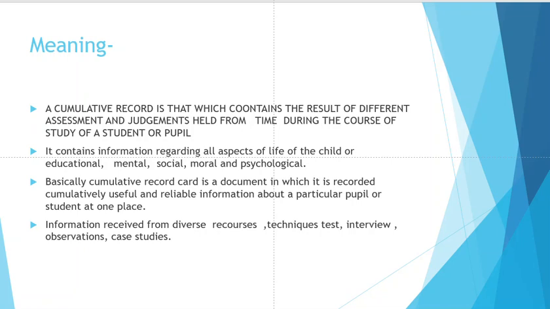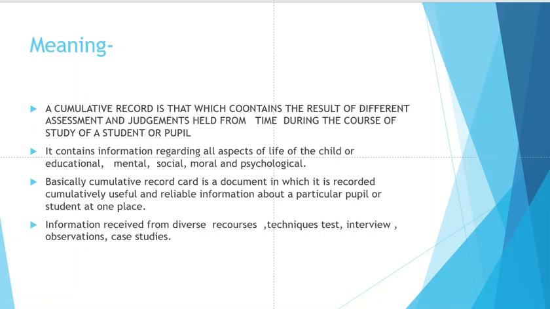It holds information about a particular student at one place, received from diverse sources. Diverse sources means we collect the information from the parents, the peer group or the teachers, and we can collect it through different types of tests, interviews, observation or case study.